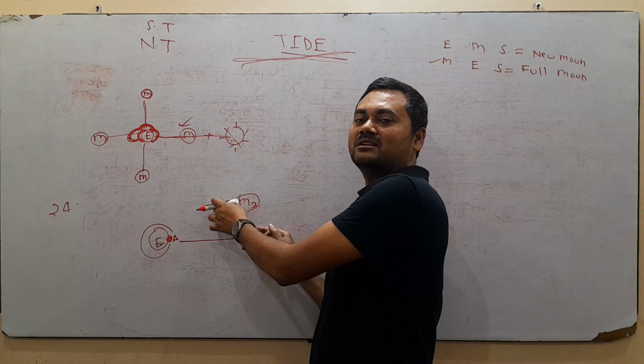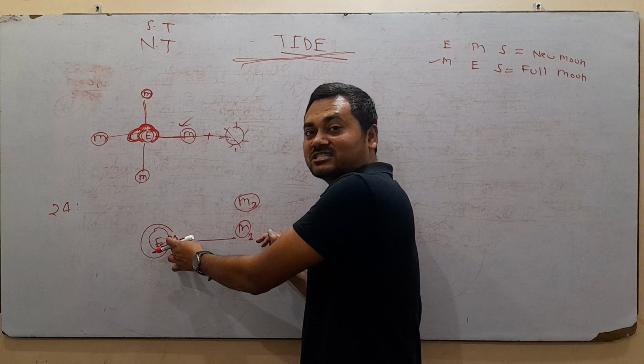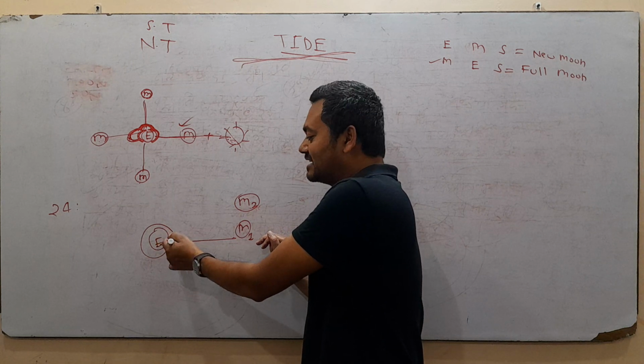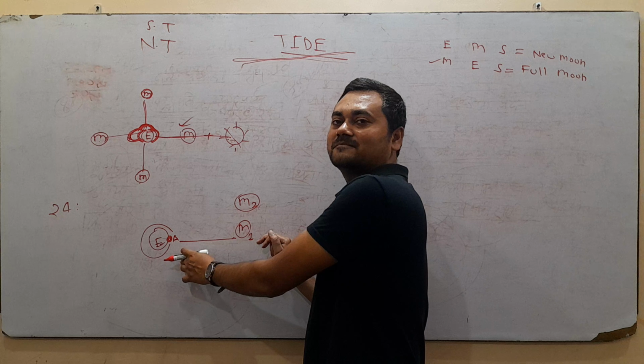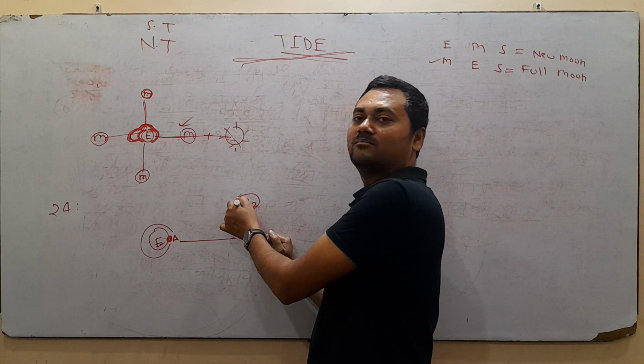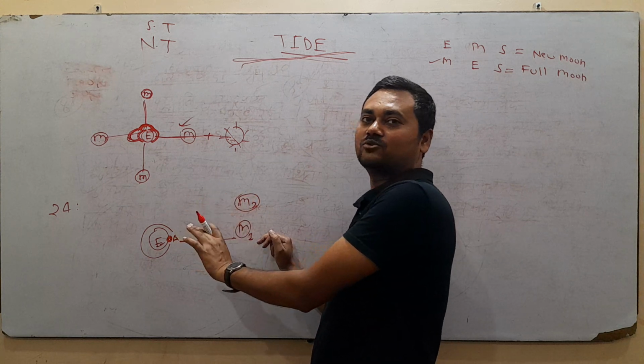The moon has covered some distance. So at this point you have to cover some extra distance in order to bring that place A exactly under the moon, that is exactly under M2.